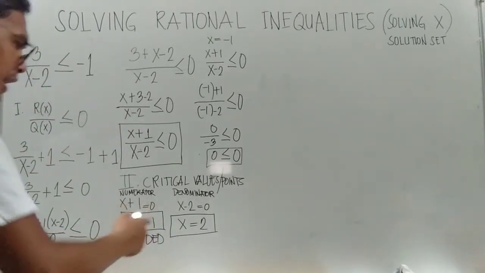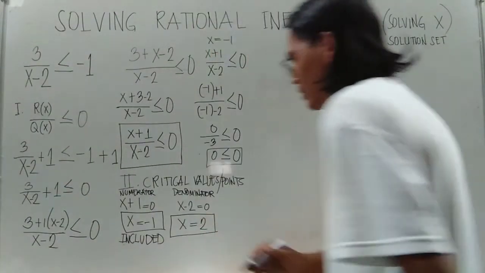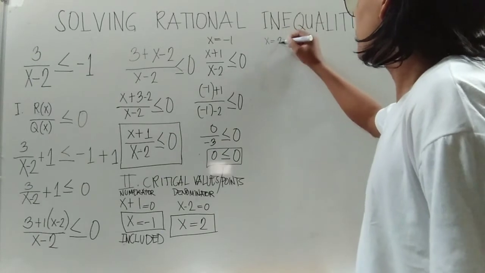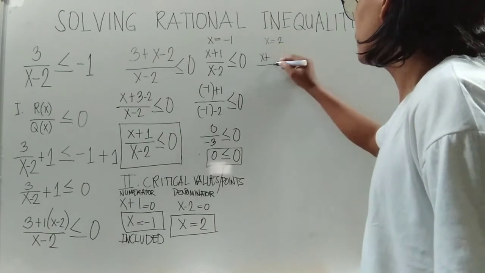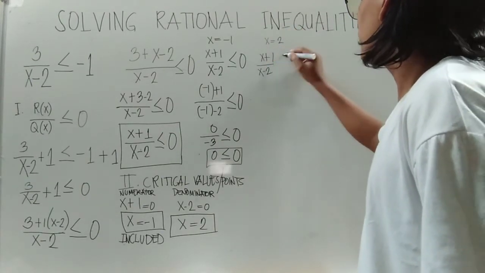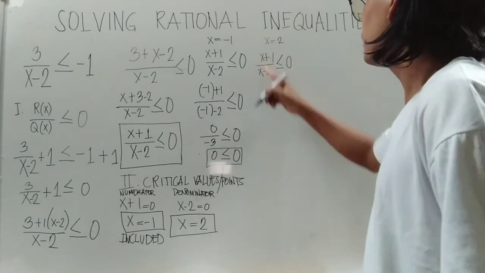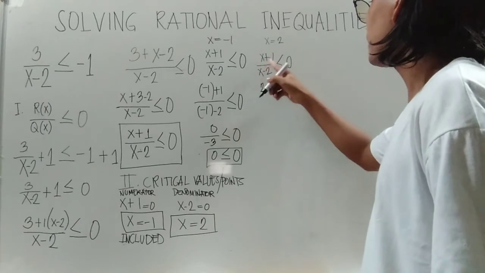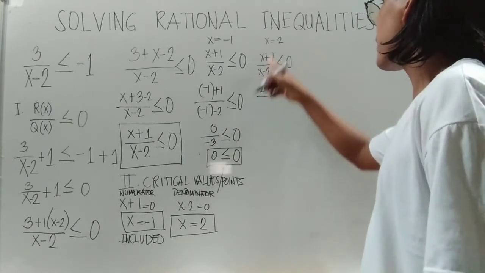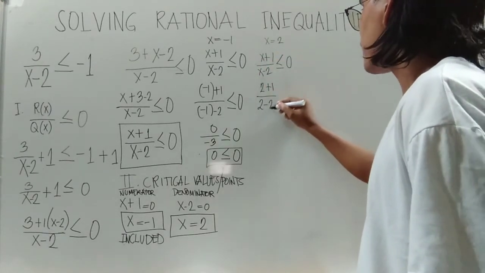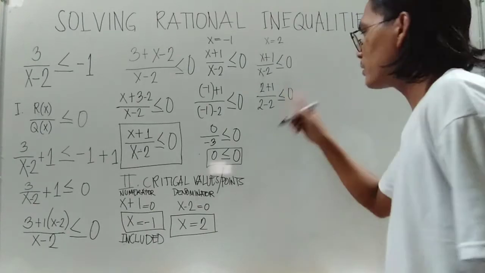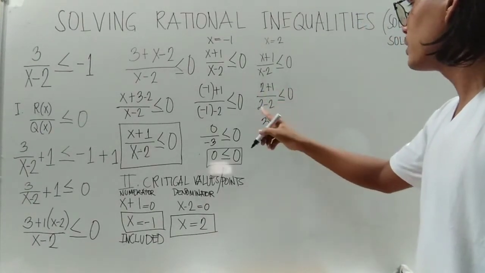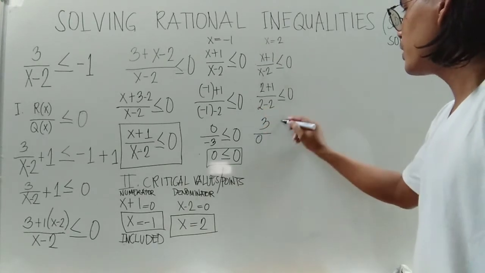Okay? Let's try x equal to positive 2. Then we have x plus 1 over x minus 2 is less than or equal to 0. When x is 2, we have 2 plus 1 over 2 minus 2. Then 2 plus 1 is 3, and 2 minus 2 is 0.